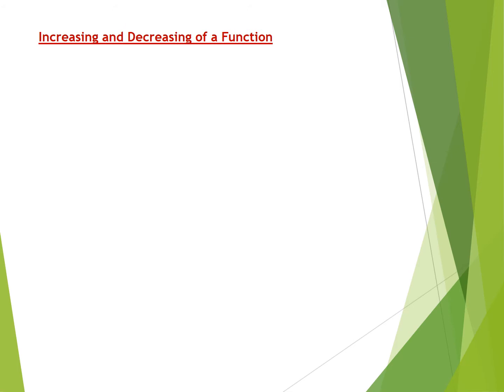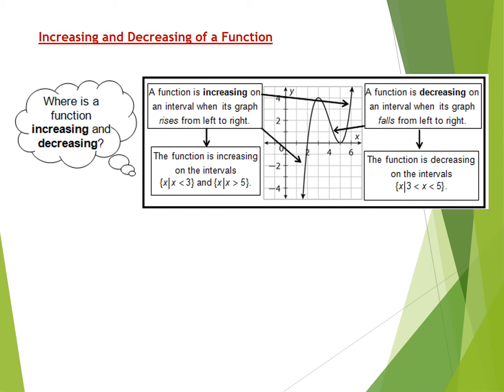Increasing and decreasing of a function. I'm going to separate my graph into the parts from starting point till each peak. So from here, from negative infinity less than x till the maximum point here, it's 3.